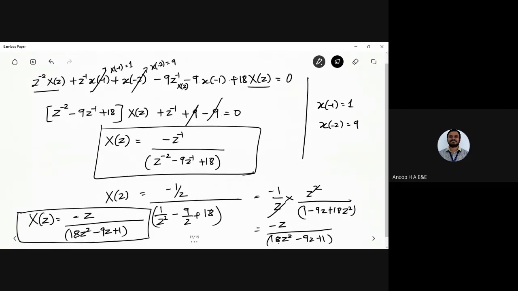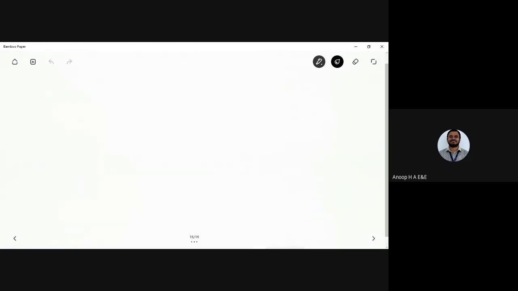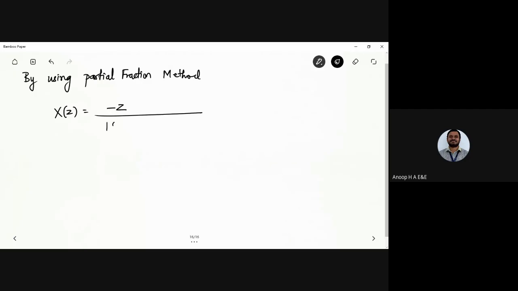Now I'll be using this X of z by the partial fraction method to find out what is x of n. I can find X of z to be minus z divided by 18z squared minus 9z plus 1.